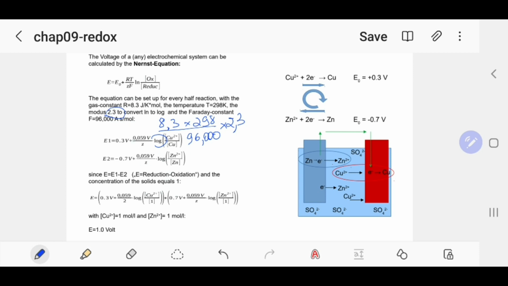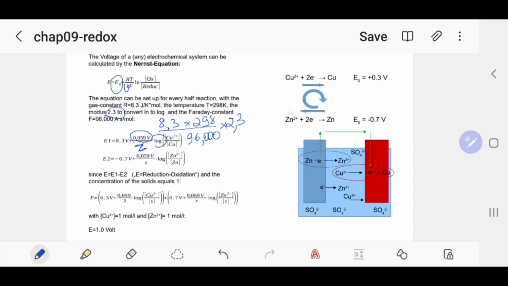We get 0.059 volts, and the Z remains the same at the bottom. And we start from the E0, which is the nominal voltage or the standard potential of the element used.